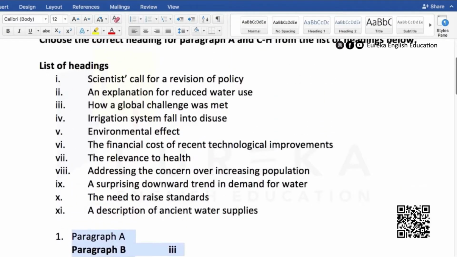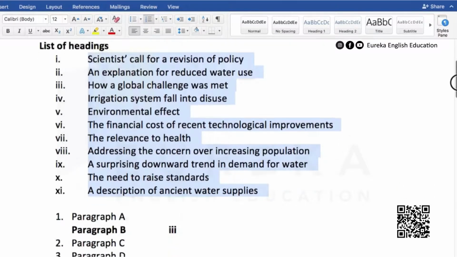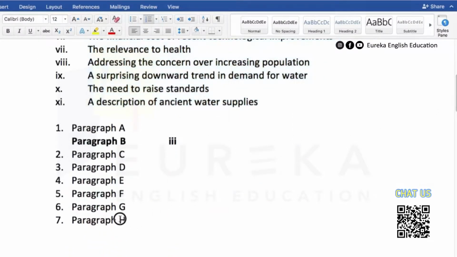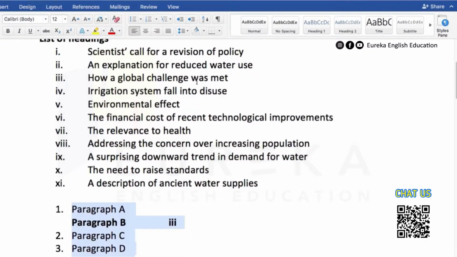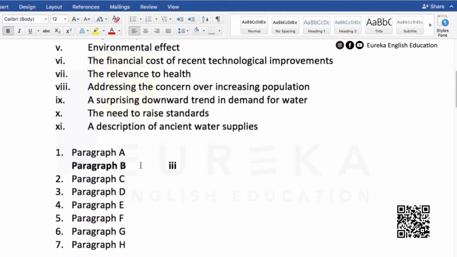If you notice, there are 11 headings, while the questions are only 7, which means that you are not going to use all the headings provided. You can also see that there is an example done for you. We have an example for paragraph B, which means you don't have to find a heading for this particular paragraph.